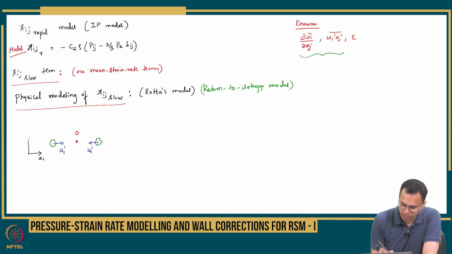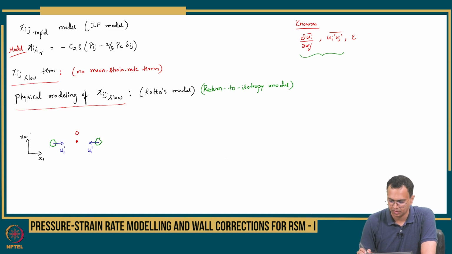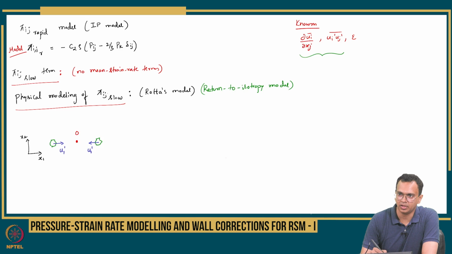This is x1, this is x2 coordinate. Two fluid particles of u1 prime fluctuation bouncing against each other at point O. They want to collide here.